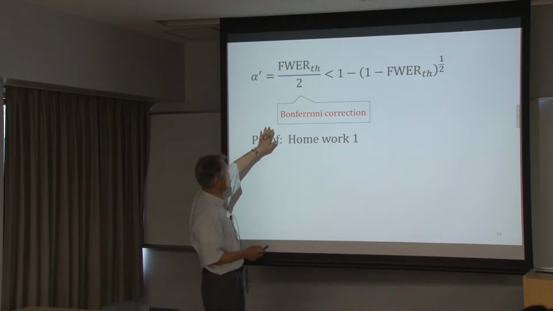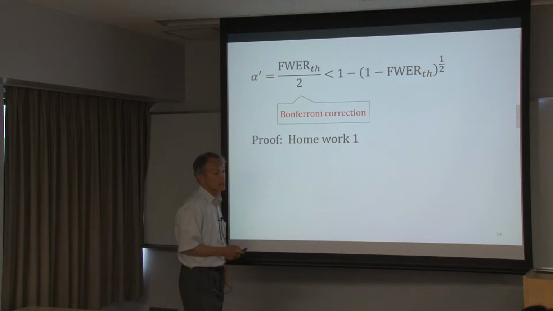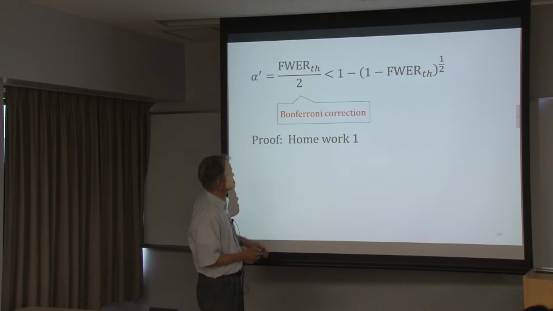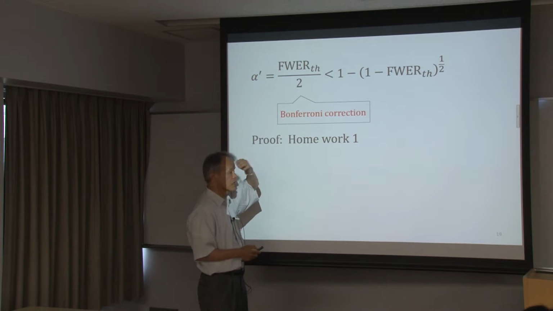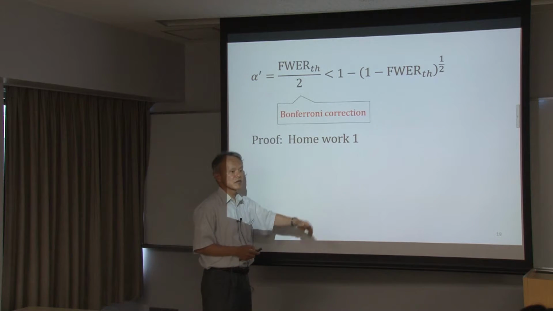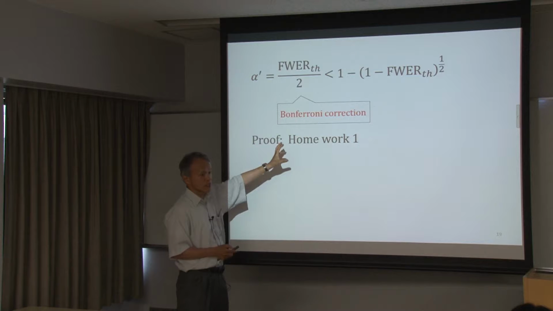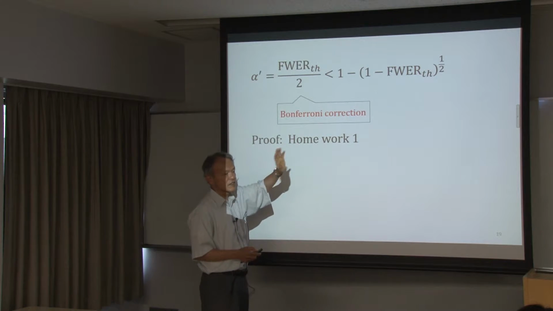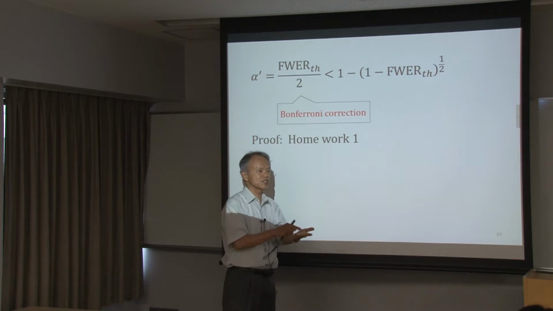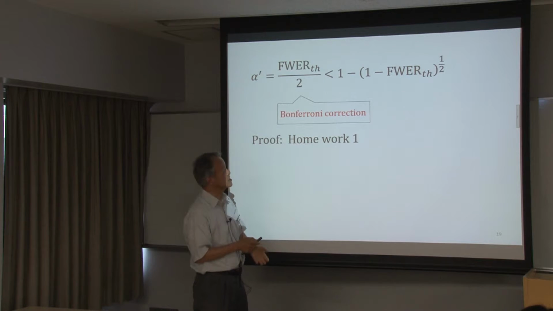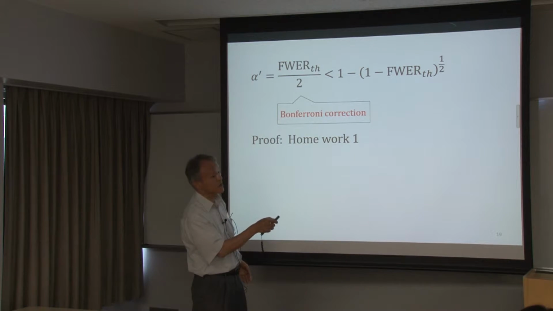Another correction is Bonferroni correction. Because this idea was presented so many years ago, 30 or 40 years ago, at that time there was no calculation machine. So it's difficult to obtain this value.